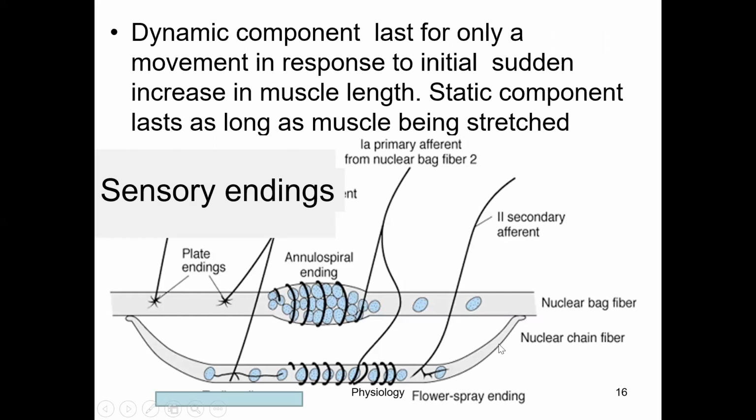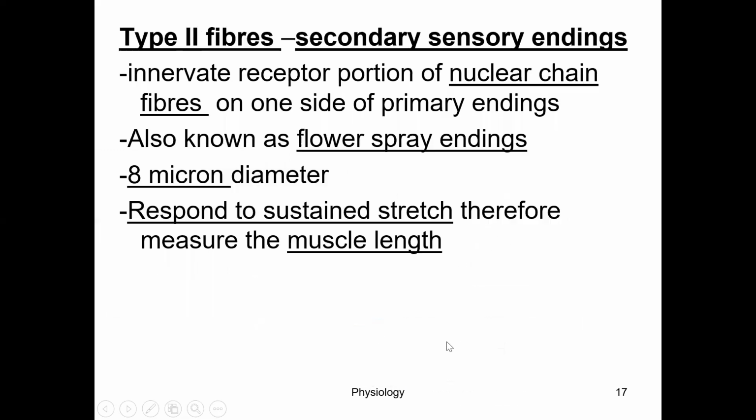In this, you can see the nuclear chain fiber, that is group 2. So what are the afferents for the nuclear bag and nuclear chain fiber? One is group 1A and the second is group 2 fiber. Group 1A is for the central portion. Group 2 is for the nuclear chain fiber peripheral portion, on one side of the primary ending. That is called type 2 fiber.